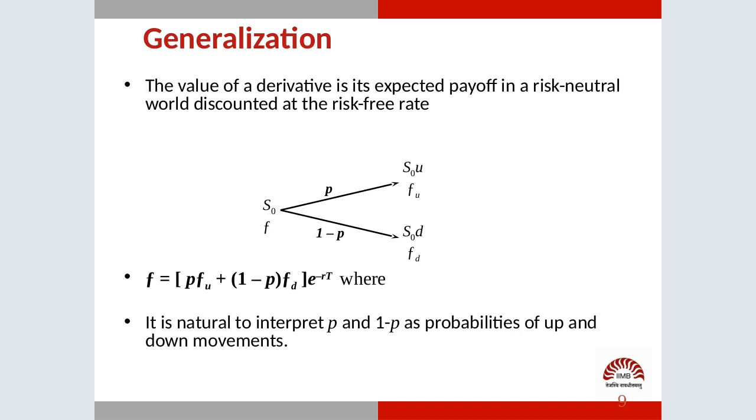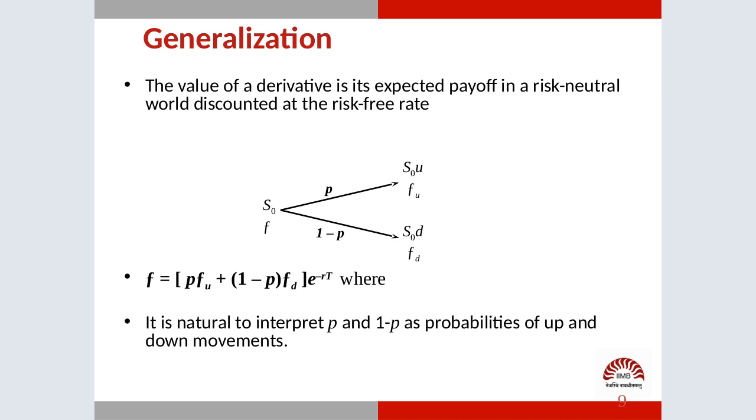Well, FU and FD are simple because it's a call option, so it is the maximum of S0U minus K and 0 in both cases. So I can calculate FU and FD.